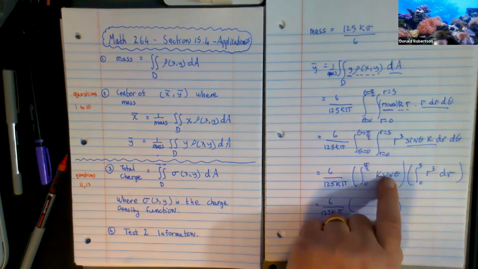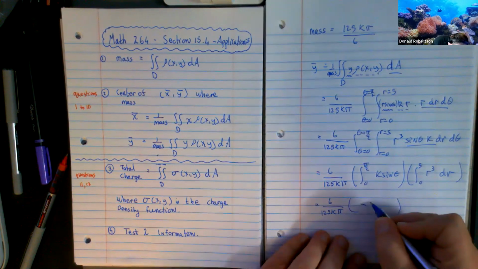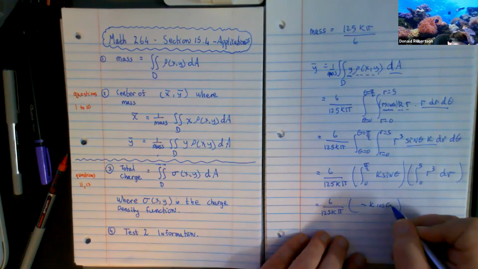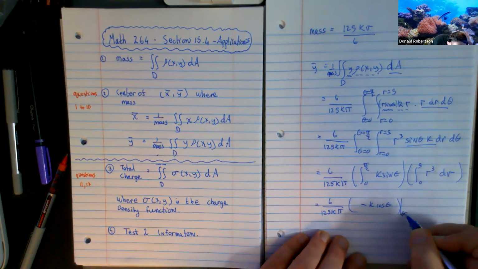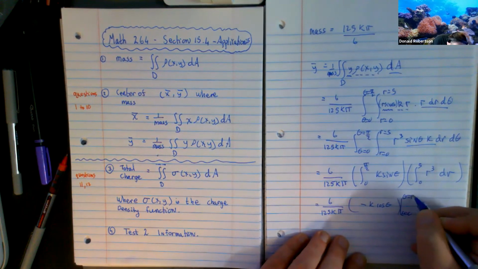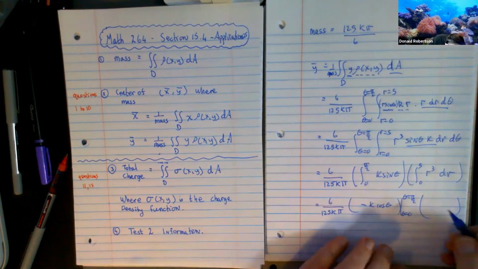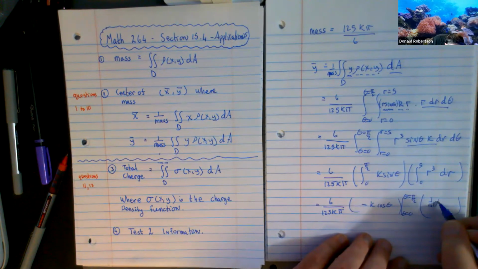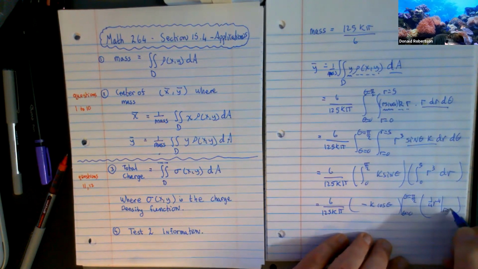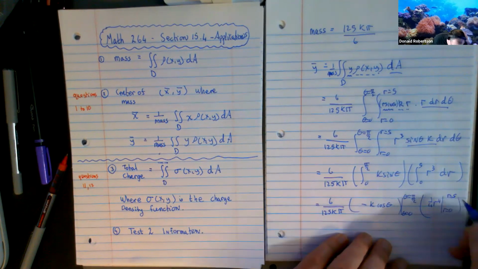Okay, you want to integrate this guy, you get negative k cos theta evaluated from 0 to pi upon 2. You want to integrate this guy, you get 1/4 r to the 4 evaluated at 0 and at 5.